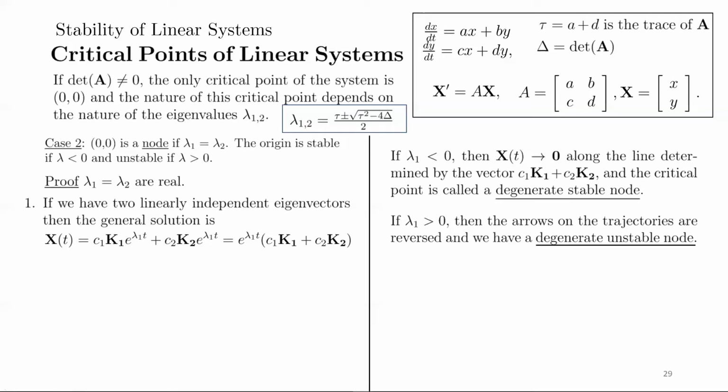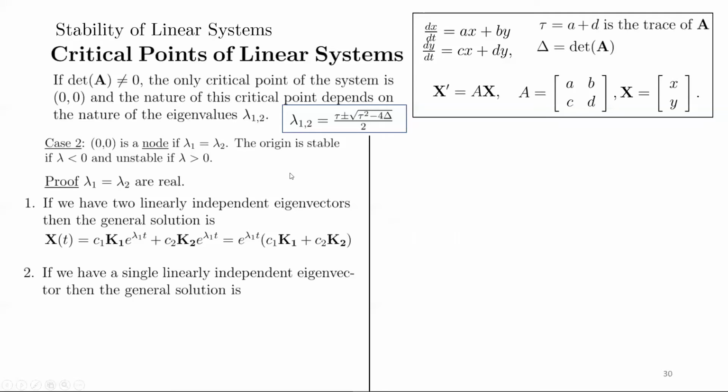Okay, but remember in Unit 4 where we were solving with repeated eigenvalues, we could find two linearly independent eigenvectors, but sometimes we couldn't. So if we had a single linearly independent eigenvector, then the general solution was given like so. Previously in Unit 4, I was calling this vector p. I was calling it k2.